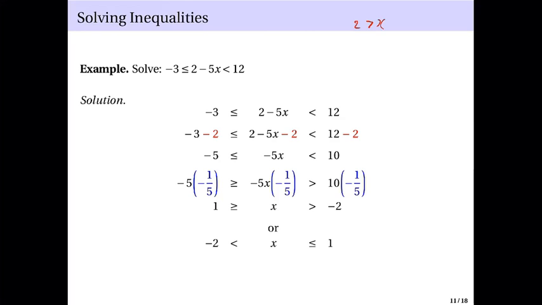When we try to put the variable on the left side and the constant on the right side, we reversed our inequality. So your 2 is greater than x, or your x is less than 2. Very much similar to what happened in this part here.